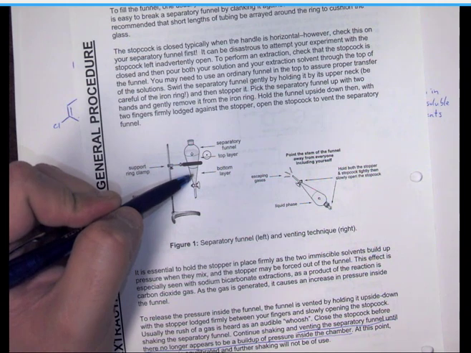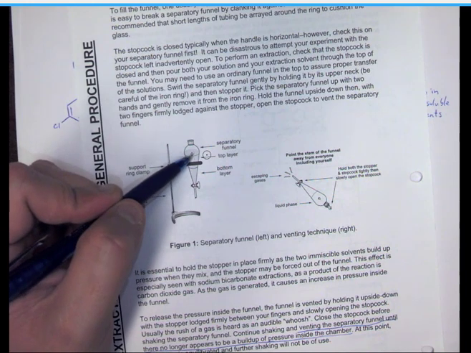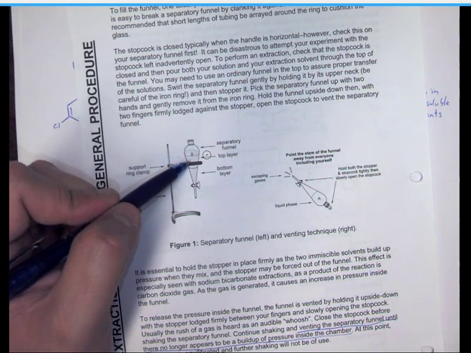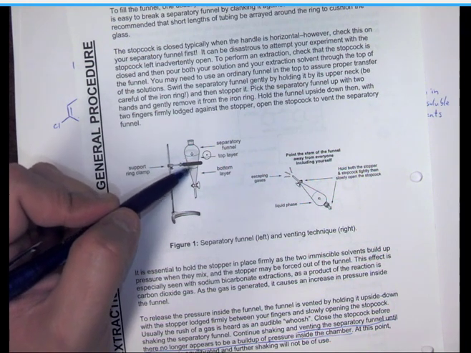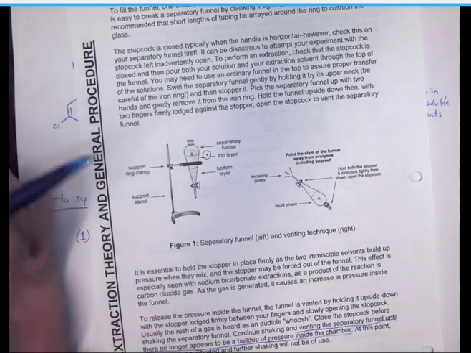Let's say your bottom layer is the DCM, the dichloromethane, containing the three dissolved compounds. Then, in order to separate these, you need to add a second layer, an aqueous layer. The aqueous layer is going to react with one of the three molecules dissolved in DCM.